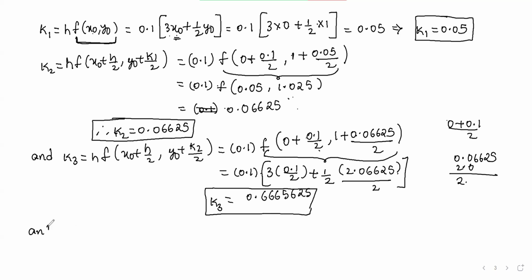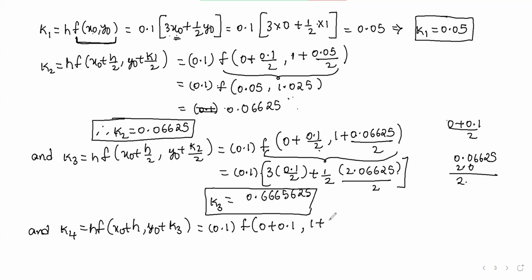And K4 is equal to H into F of x naught plus H comma y naught plus K3. H means 0.1, F of x naught means 0 plus 0.1 comma 1 plus K3 means 0.6665625.